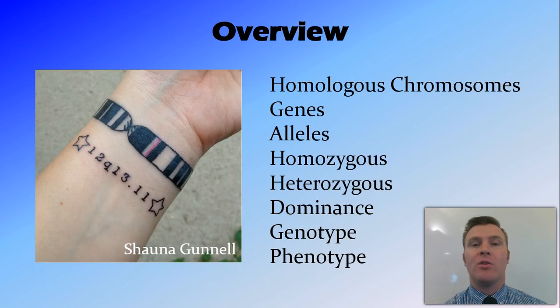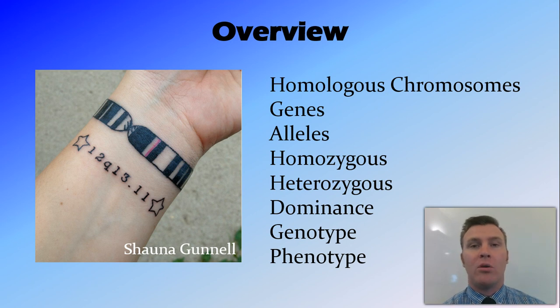In this video, we've looked at homologous chromosomes being the partners that each chromosome has that are similar to them in that they code for the same genes, but different in that they may contain different alleles. Genes being a particular part of that chromosome, and alleles being the specific version of the gene that codes for a particular type of that trait.